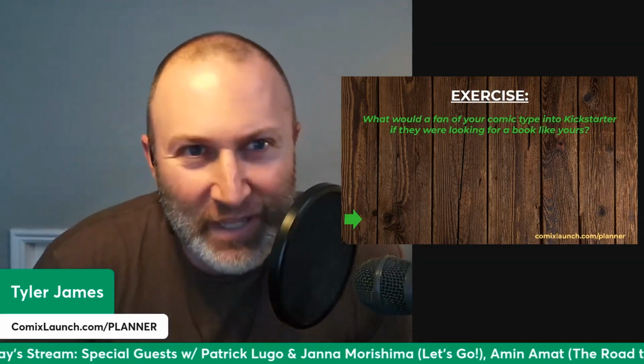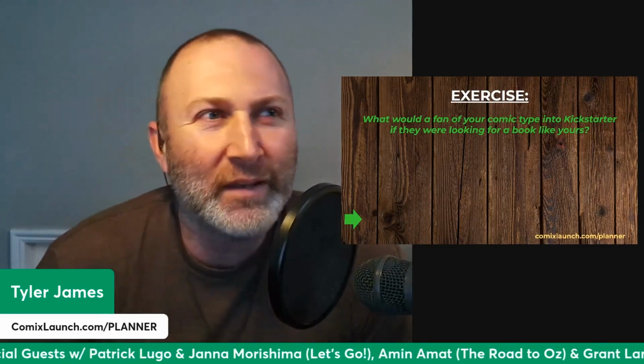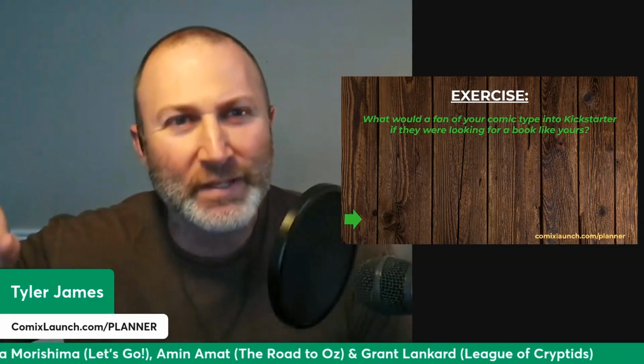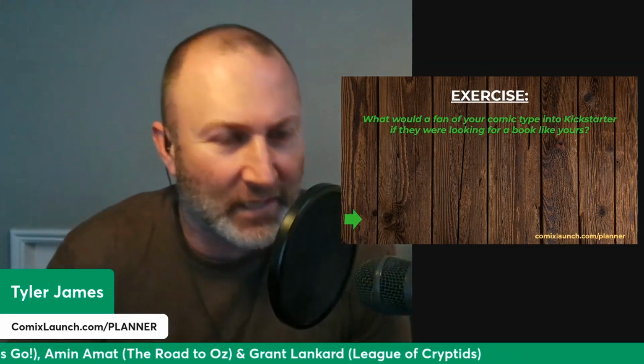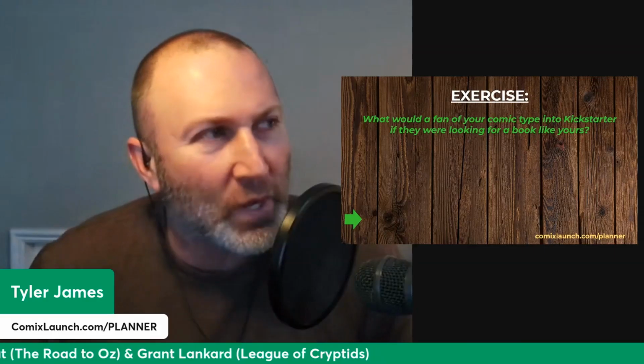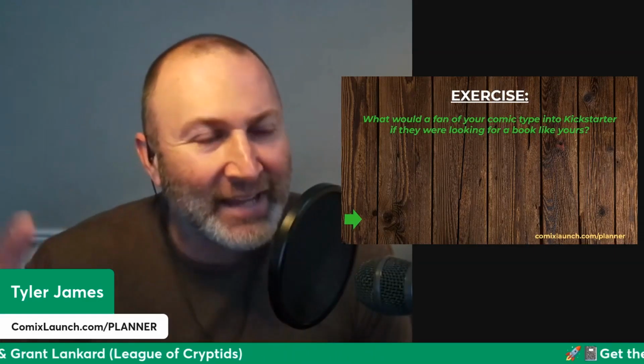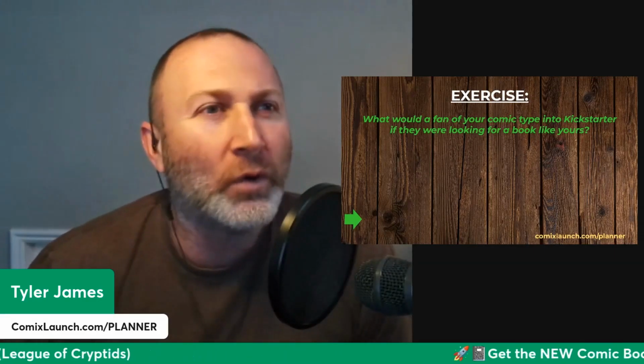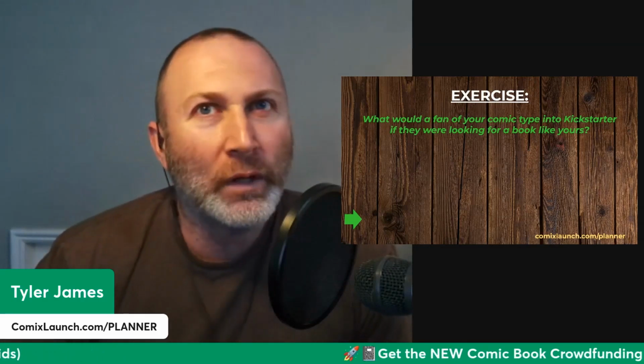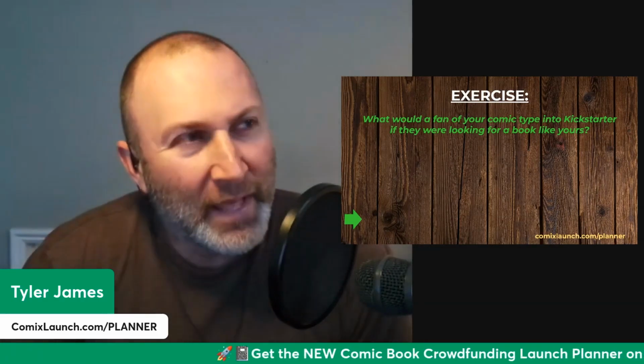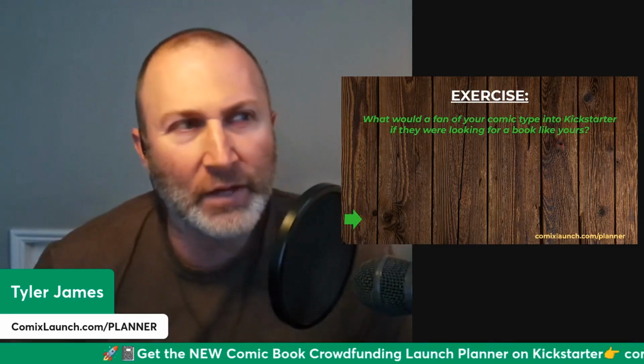Now, everyone says they want something new, but what they really want is something like something that they already like, but maybe a little bit different. And that's where these keywords and helpful project descriptions that connect to things that audiences already care about, already like, already want in their comics, are going to make your project descriptions actually really strong.